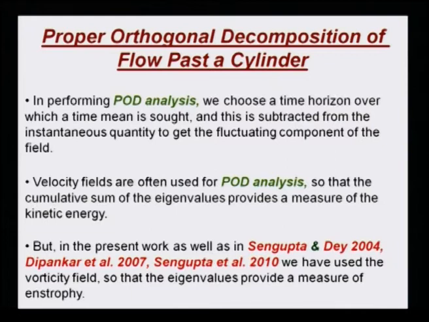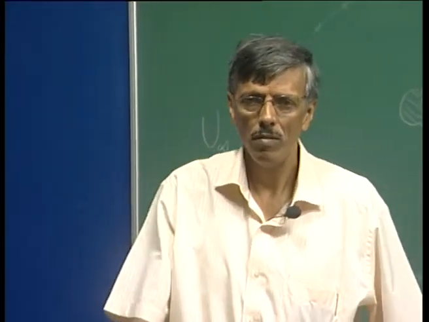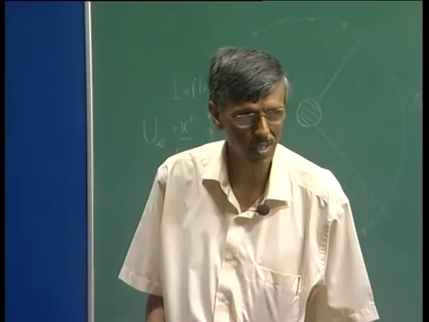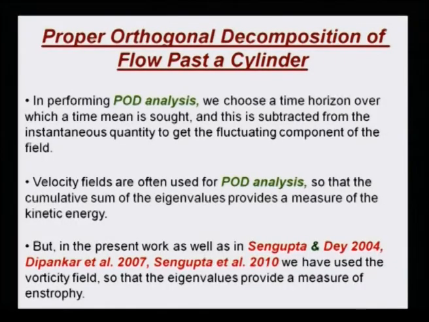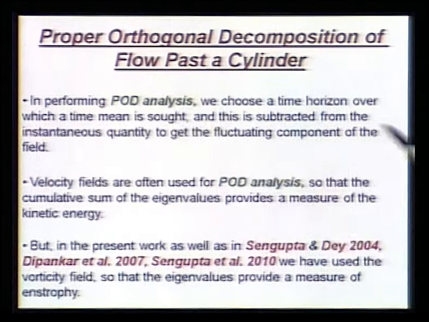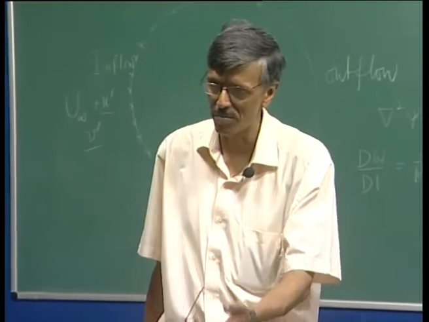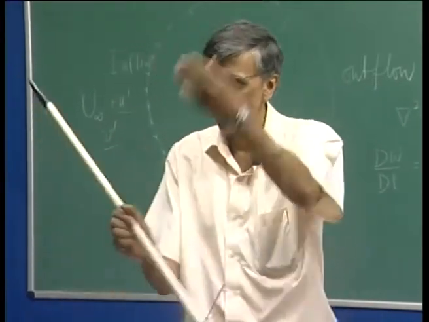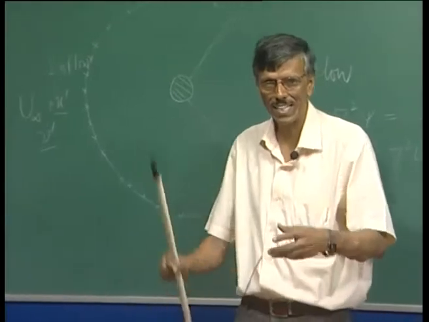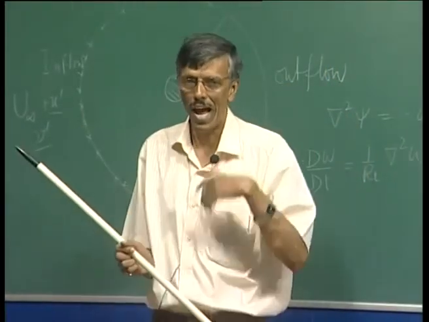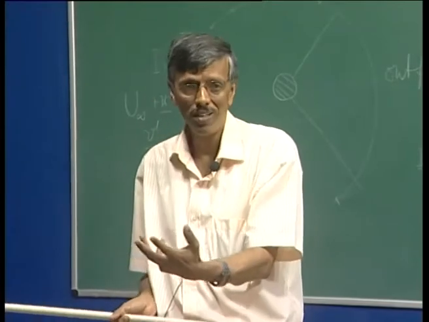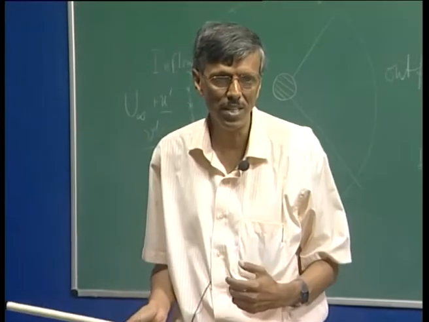So, to perform this POD analysis, we will choose a time horizon over which we will get some kind of a mean or the equilibrium flow, right. If I choose, say, from T1 to T2, I take a time mean, and then once I have it, through the DNS I also have an instantaneous realization. So, I can subtract one from the other, and then I get the so-called disturbance flow, and on this disturbance flow I can embed the POD technique.